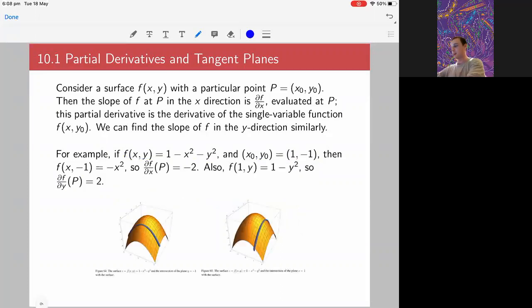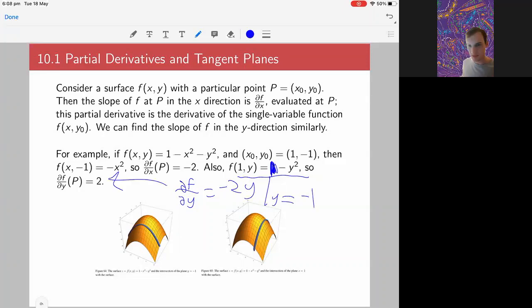You can do the exact same thing in the y direction, because at the point (1, -1), f of (1, y) is just minus y squared. I think that's another typo there. And so that means if you take the derivative, you're going to end up with -2y, but you're evaluating at the point y equals -1, so that gives you the number 2.